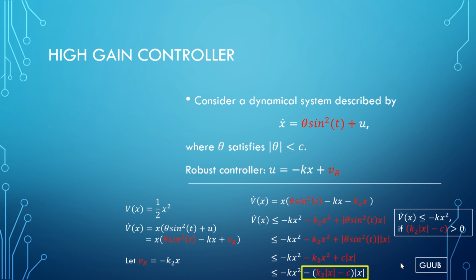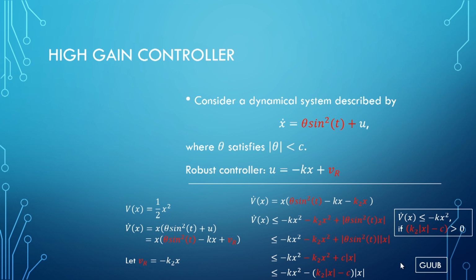It cannot be 0, otherwise V dot will be positive. So the objective is to make sure V dot is upper bounded by some negative definite function, in which case we can say V dot is negative. That's only true when the second term is also negative. If the second term is positive, it over-dominates the first term, and the overall product is positive.